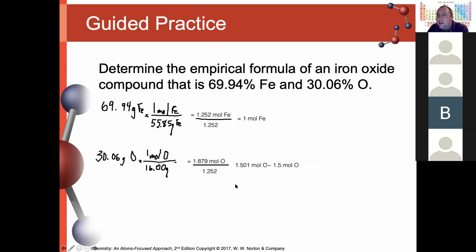Now, the mistake that students make in this spot is going, well, I need to get whole numbers right now. And so I'm going to round that 1.5 off to 2. That's going to be FeO2. That's my empirical formula. Problem is, that's not good enough.